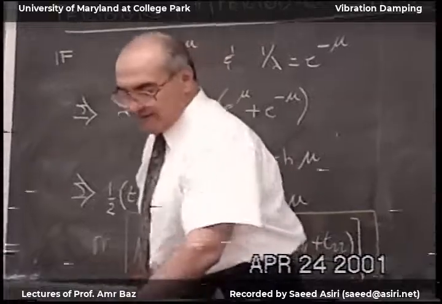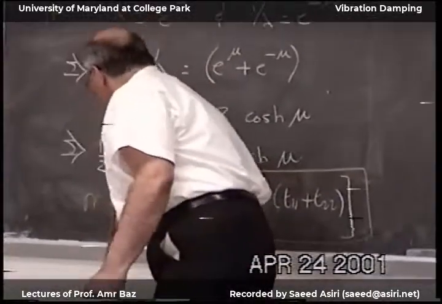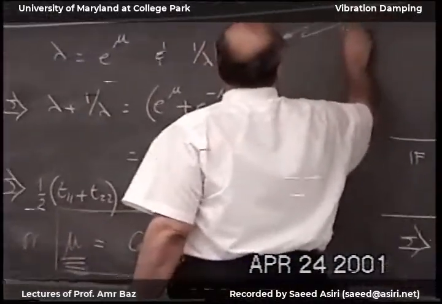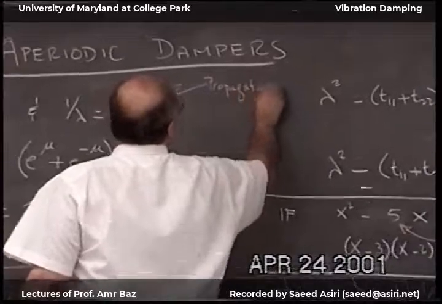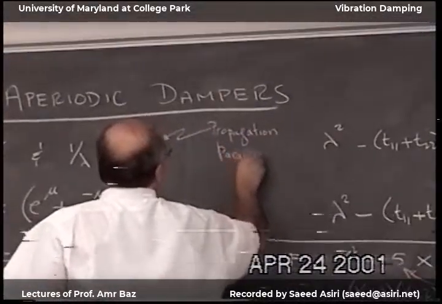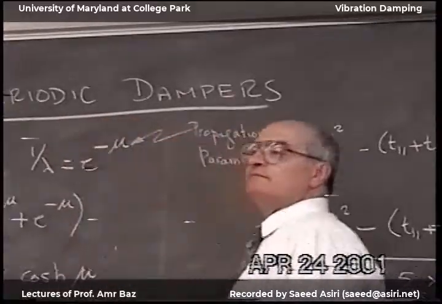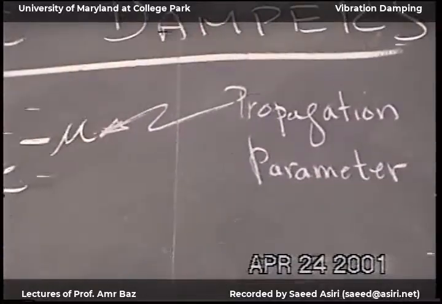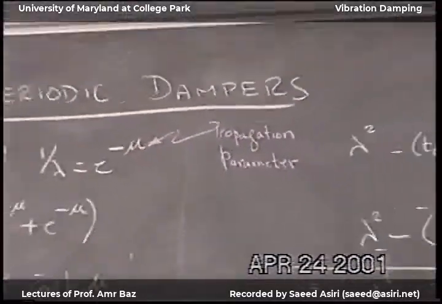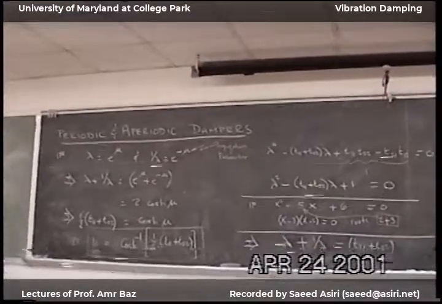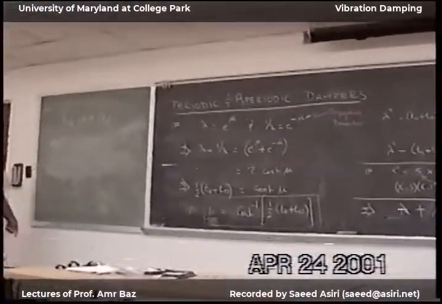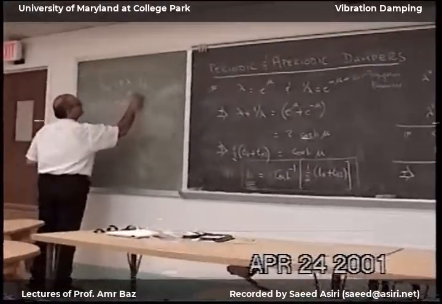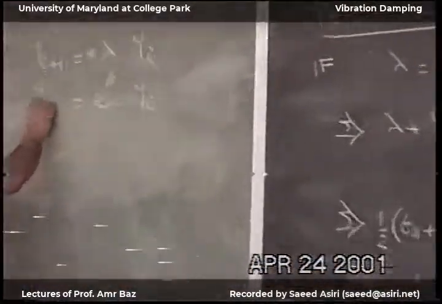This parameter is a very important parameter, and it is called the propagation parameter. Why? Again, the state vector y i plus 1 is equal to lambda times y i. I'm going to replace each lambda by e to the mu.